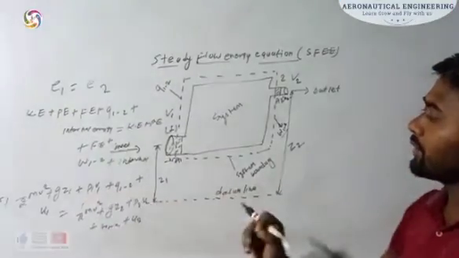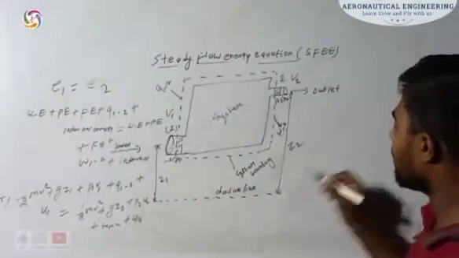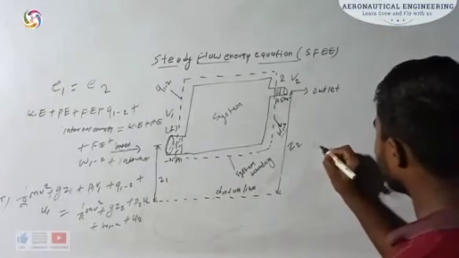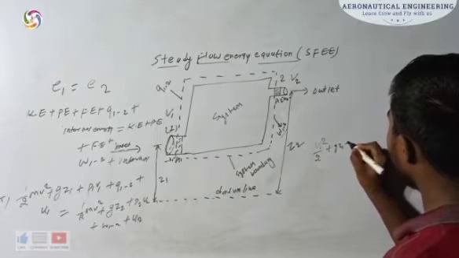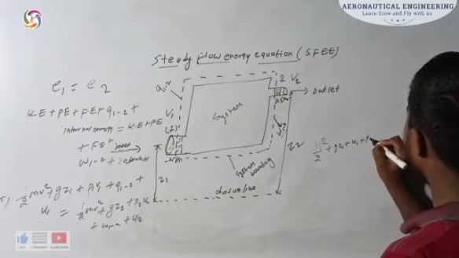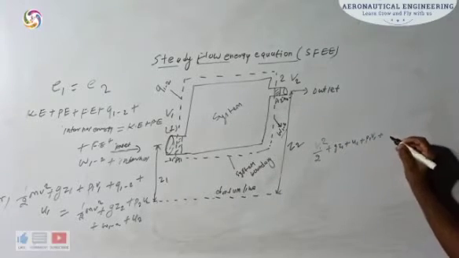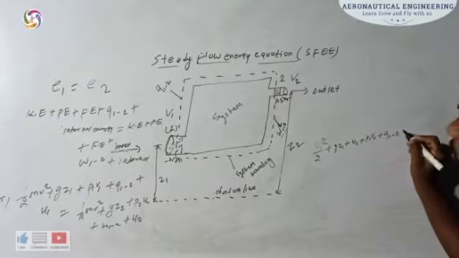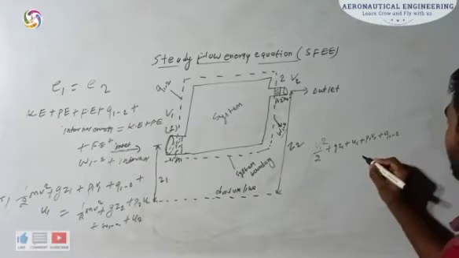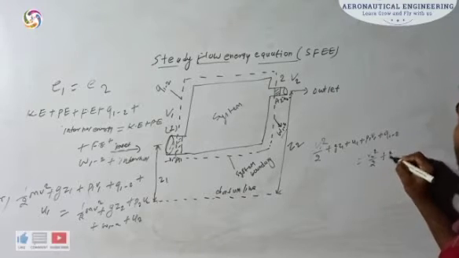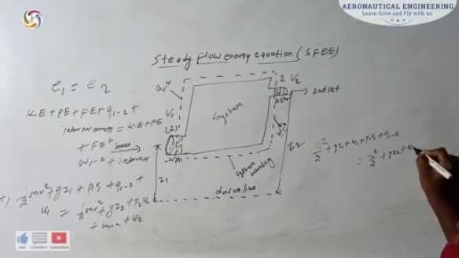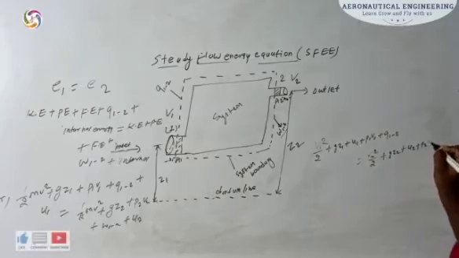Okay, so if we substitute the value of m, the equation becomes v1 square upon 2 plus g z1 plus u1 plus p1 v1 plus Q12 equal to v2 square upon 2 plus g z2 plus u2 plus p2 v2.